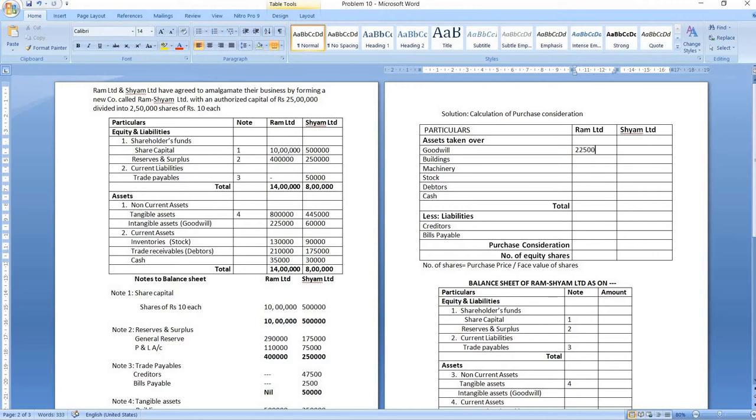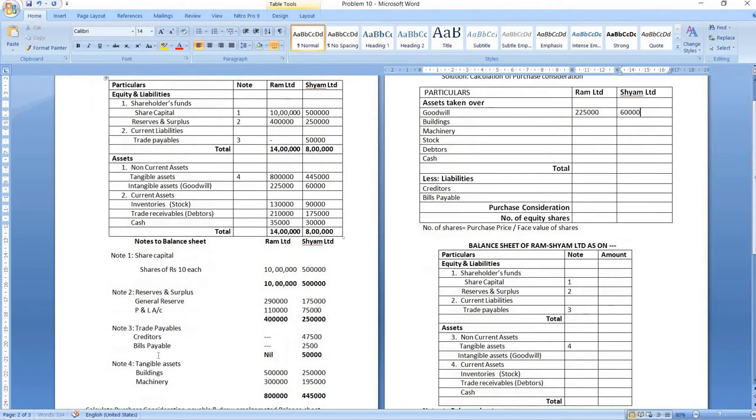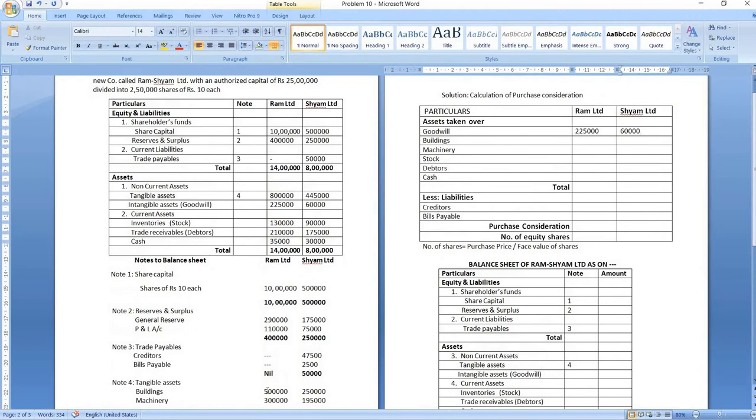Goodwill, 2,25,000 and for Shyam Limited 60,000. Next, buildings, here 5 lakhs and 2,50,000. Next, machinery, 3 lakhs and 1,75,000.